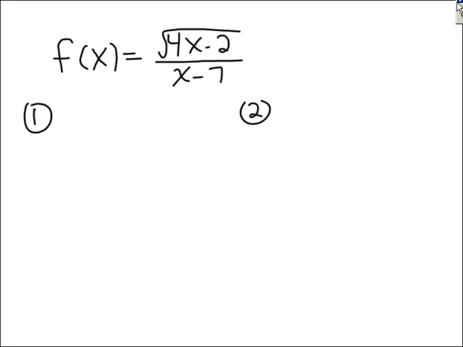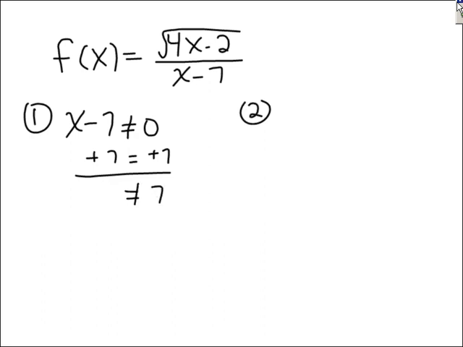What's in the denominator cannot equal 0. Add 7. 0 plus 7 is 7. The left side is x. X cannot be 7. Okay, not a problem.